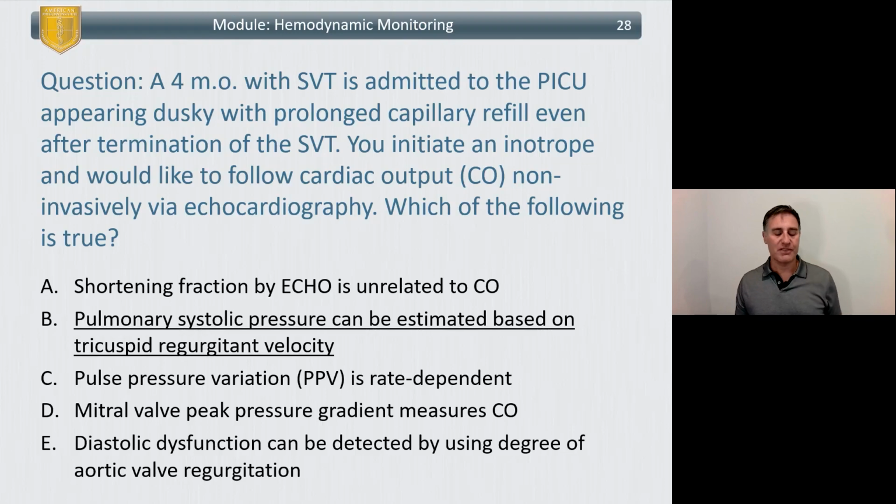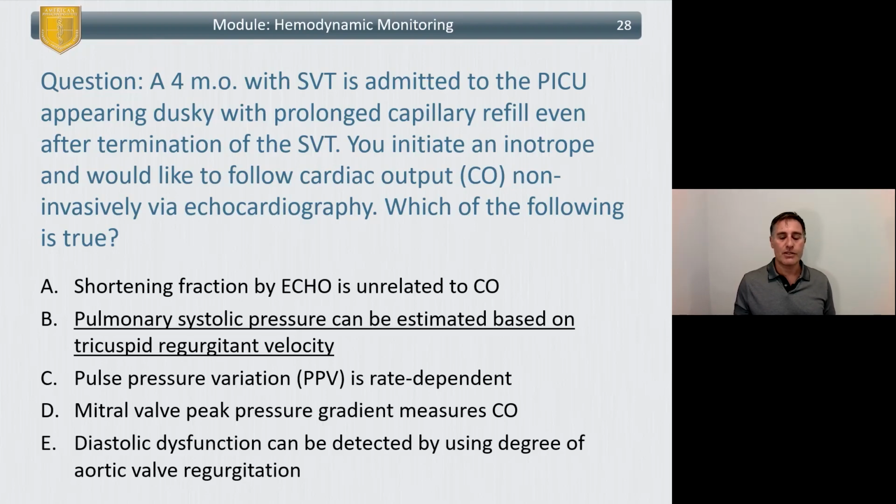Okay, so here I made a bunch of statements that weren't true. The one that is, is that your pulmonary systolic pressure can be estimated using the tricuspid regurgitant velocity. What I'm getting at here is just that echo is able to be used to help you with monitoring in a few ways. Now, it's not as nice as, say, a PA catheter where you constantly have a number displayed on the screen, but certainly with the increasing use of ultrasound and presence of ultrasound within different ICUs, it's become pretty easy to do serial point of care echo, right?